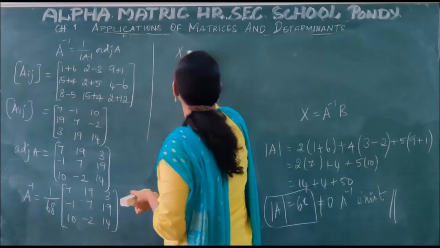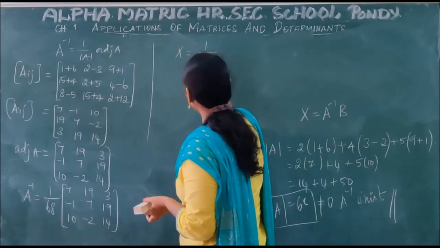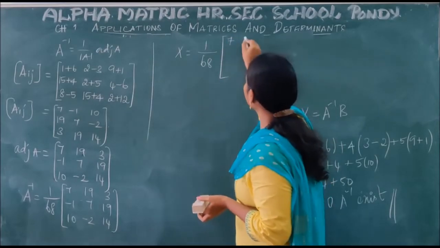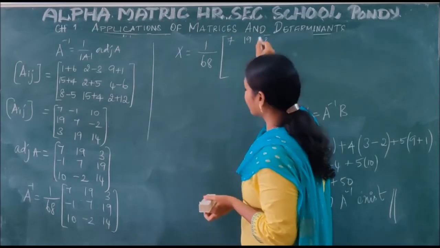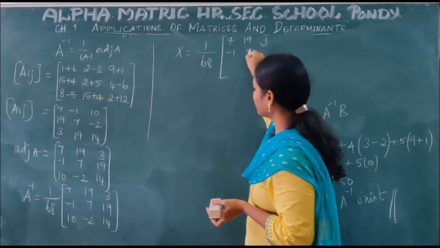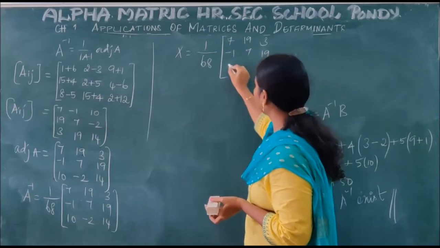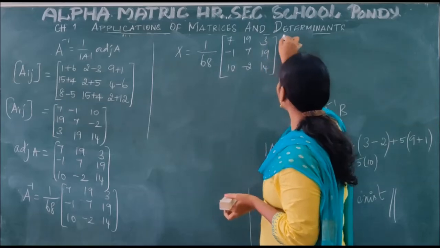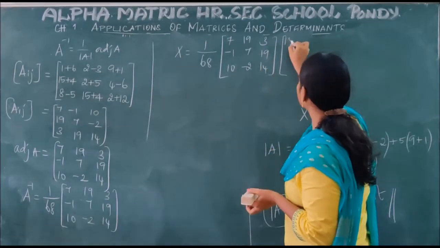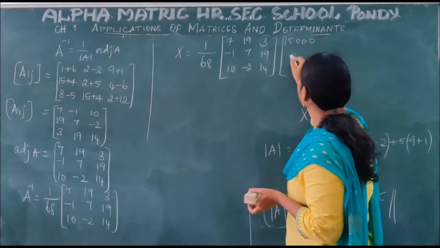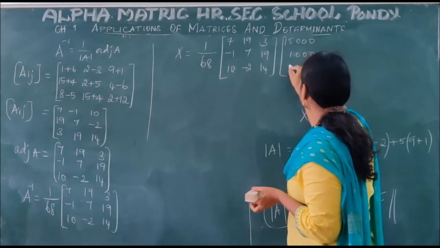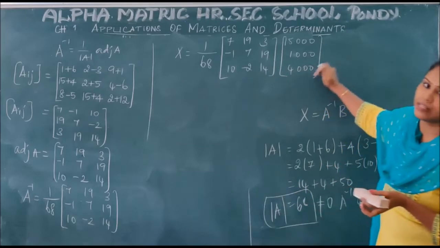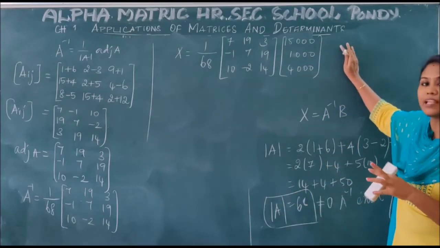So X is equal to 1 by 68 of 7, 19, 3, minus 1, 7, 19, 10, minus 2, 14 into, what is our B matrix? It is 15,000, 1,000 and 4,000. See, in the B matrix we can take 1,000 in common.